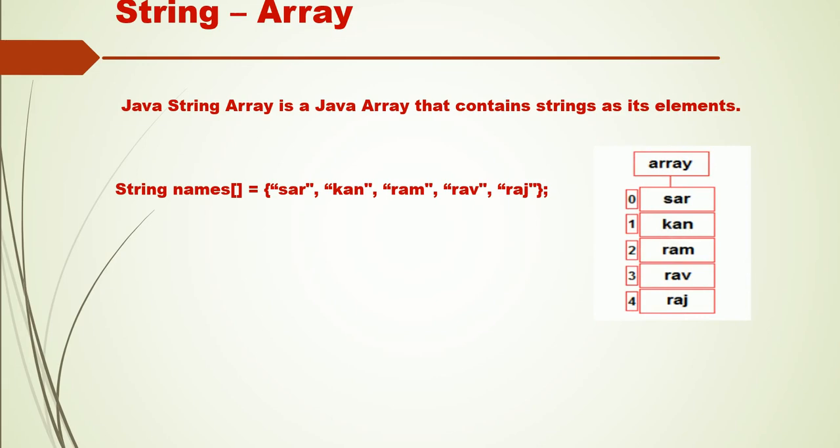See like that, an array that holds these names, and you can refer to these strings with the index values. You know, array index always starts from 0: 0, 1, 2, 3, 4.